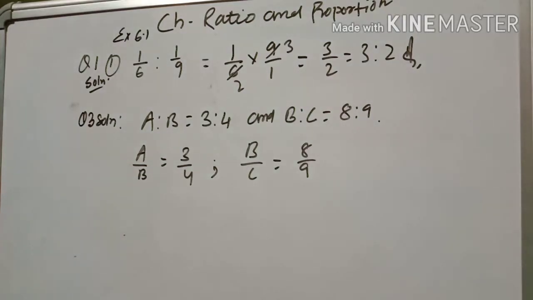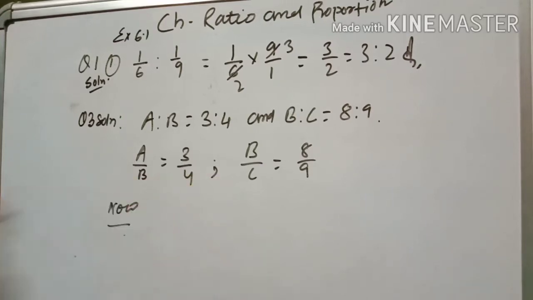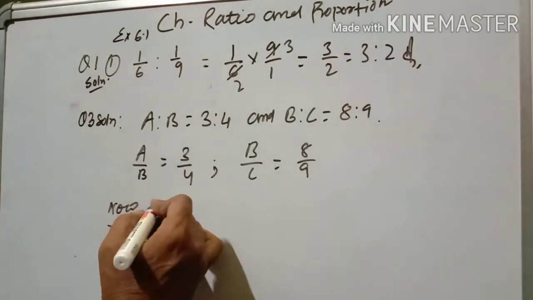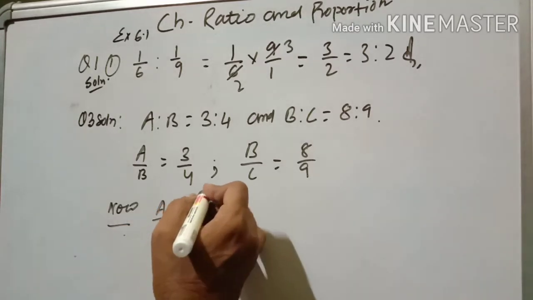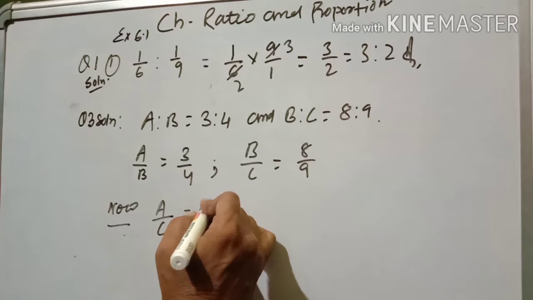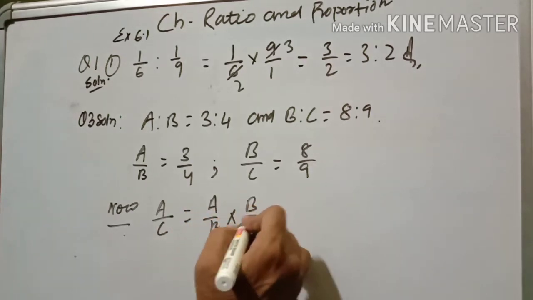Now we have to find out A by C. I can write A by C equals A by B into B by C.